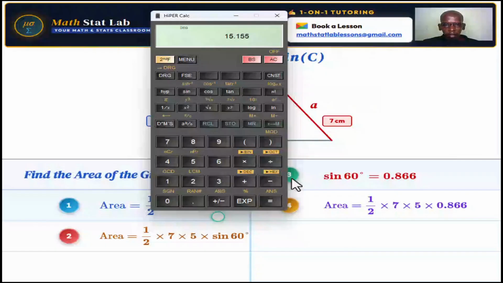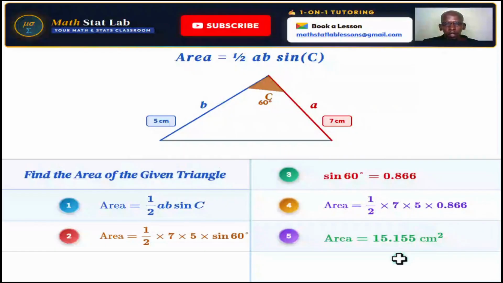Now it becomes 15.155. It means the area of that triangle will be 15.155 centimeters squared. So that's how we use the SAS formula to find the area of a given triangle.